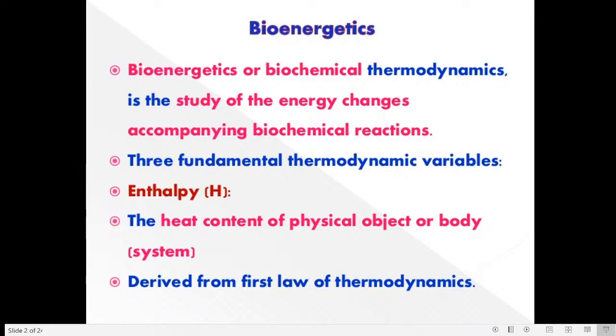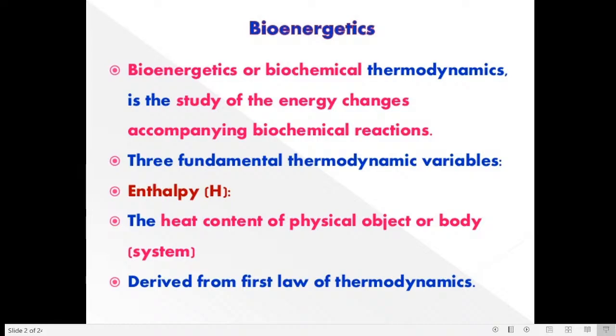Thermodynamics depends on the parameters which are involved in the pathway reactions. In each and every reaction there are parameters, such as temperature, heat, how much energy is utilized and how much energy is released. All those things come under this thermodynamic concept.